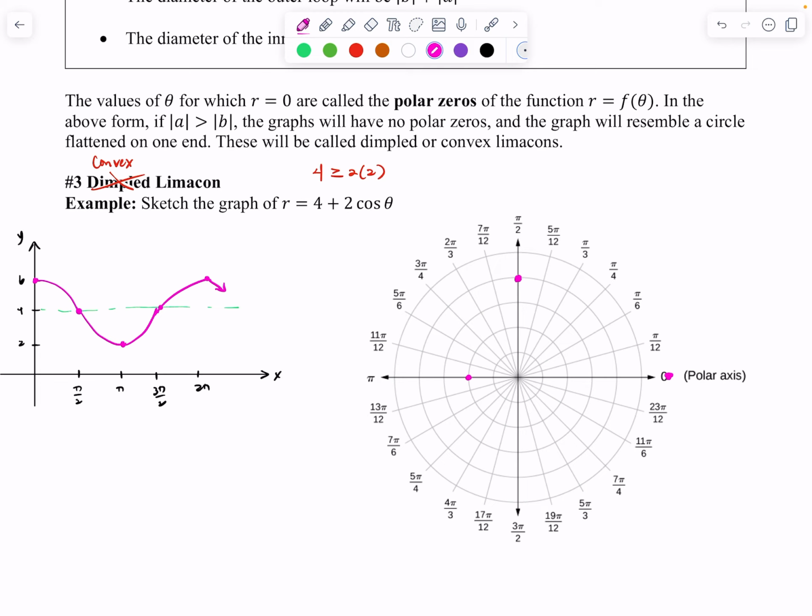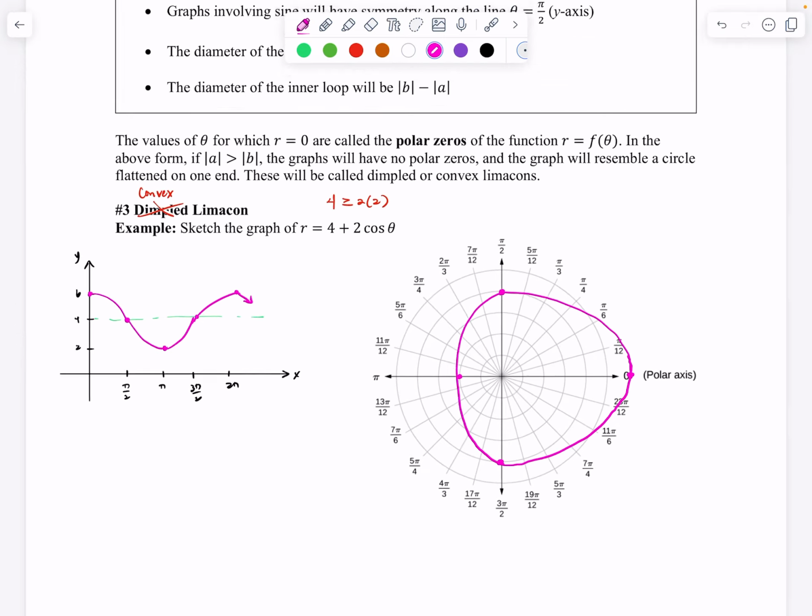And 3 pi over 2 corresponds to r being equal to 4 again. 1, 2, 3, 4. And 2 pi is back to r being 6. So this graph kind of comes around and then flattens out. It almost reminds me of a guitar pick. But it looks something like that.